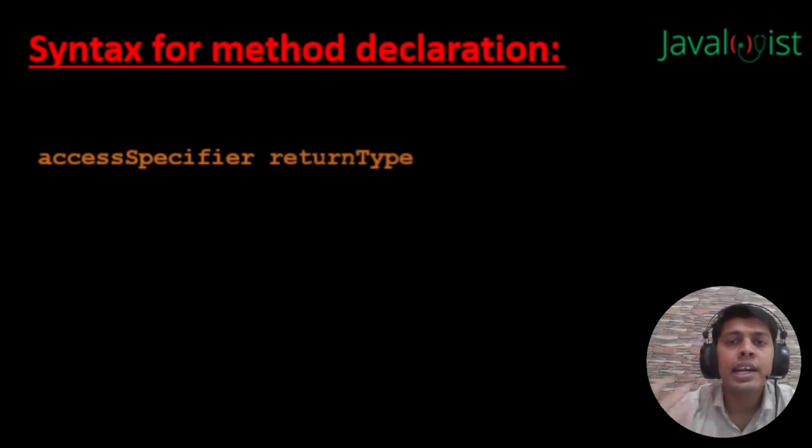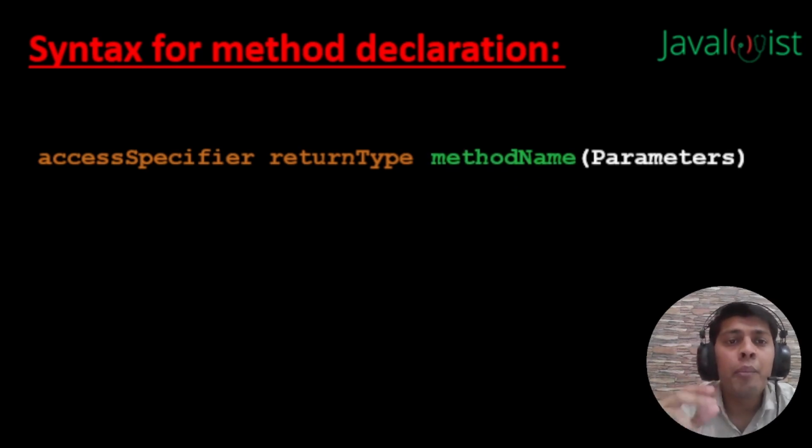For that, the syntax for declaring methods: first, the access specifier, which specifies the accessibility. Then the return type, what type of value our method returns. Then the method name, you can give any method name, but make sure it is a valid identifier.